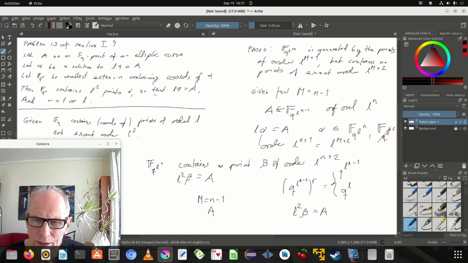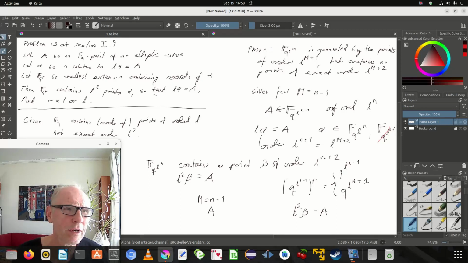And L squared gives L to n plus 1. And that's an extension field. And so it can't already be in the smaller field here, because if it's in the smaller field, then it must be in the original one. So that should finish the proof by induction.